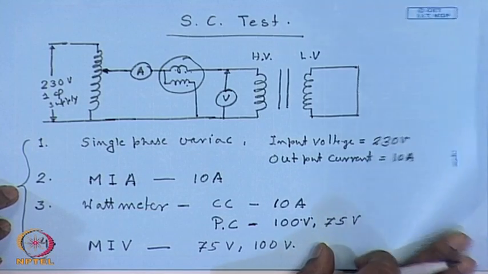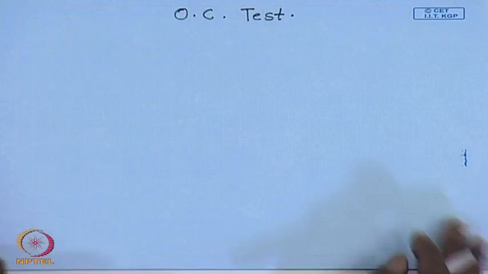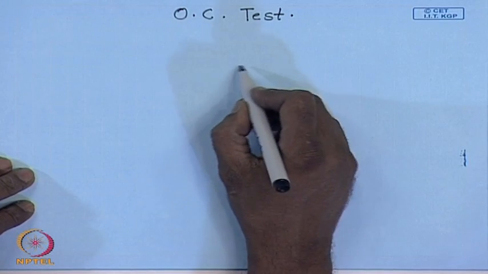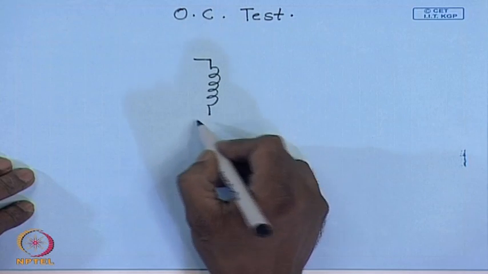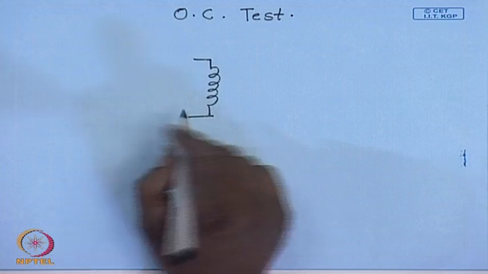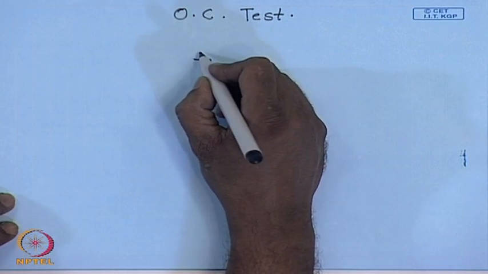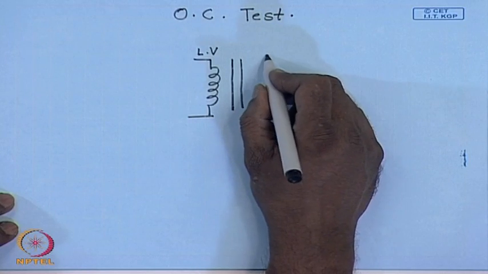Now, let us look at the open circuit test. The open circuit test is done on the LV side, with the HV side open circuited.